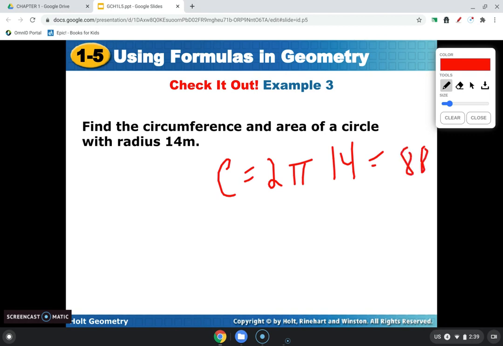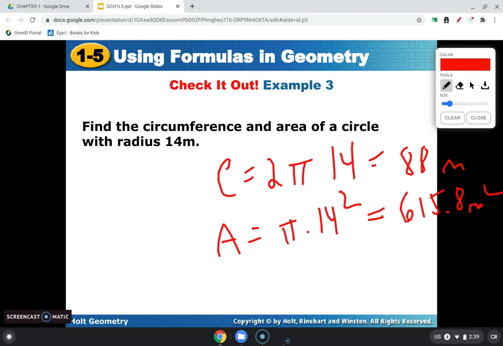Doesn't really say. Meters, and then area would be pi times 14 squared. Use my calculator here to figure that out. 615.8 meters squared.